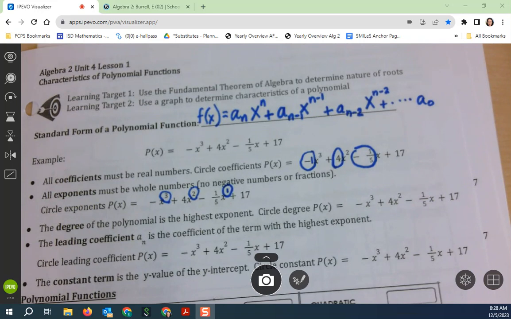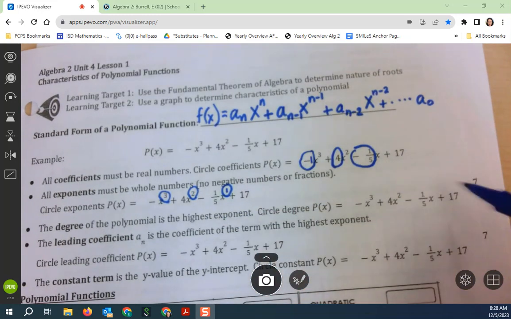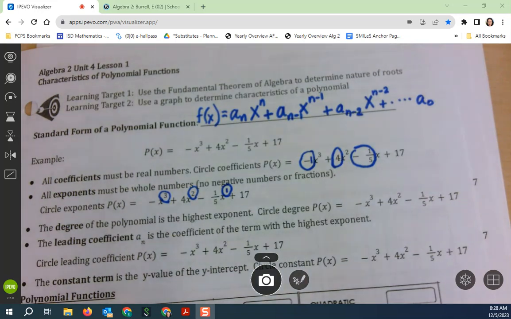All right, every polynomial has a degree. A quadratic is degree 2 because in the quadratic, the biggest exponent is 2. So for the degree, you just look for the highest exponent and you circle it. So what number is the highest exponent? 3, yeah.